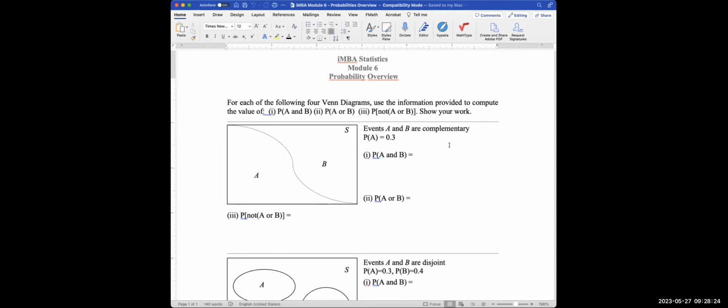All right, you see the document? So I've identified two events, and I depicted them in this box here. This is called the sample space, S for space or sample space.